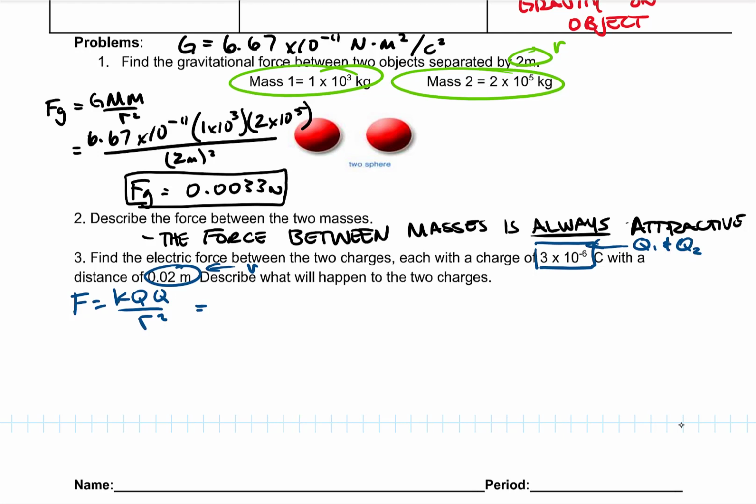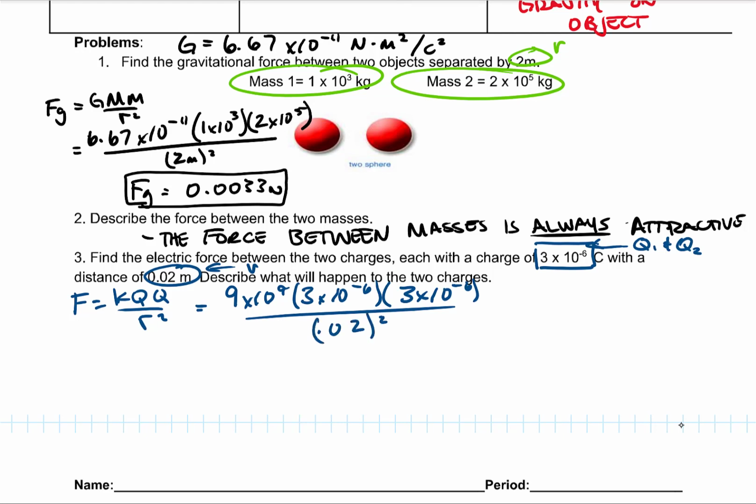So for electric force, k is always going to be equal to 9 times 10 to the 9th, times one of my charges, 3 times 10 to the negative 6, times the other charge, 3 times 10 to the negative 6, divided by the distance separating them, 0.02.